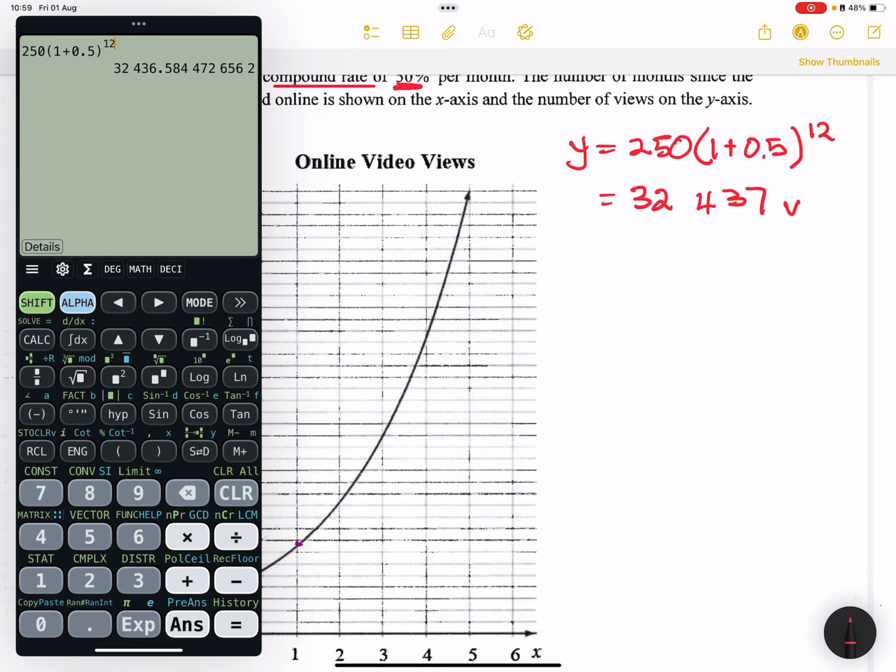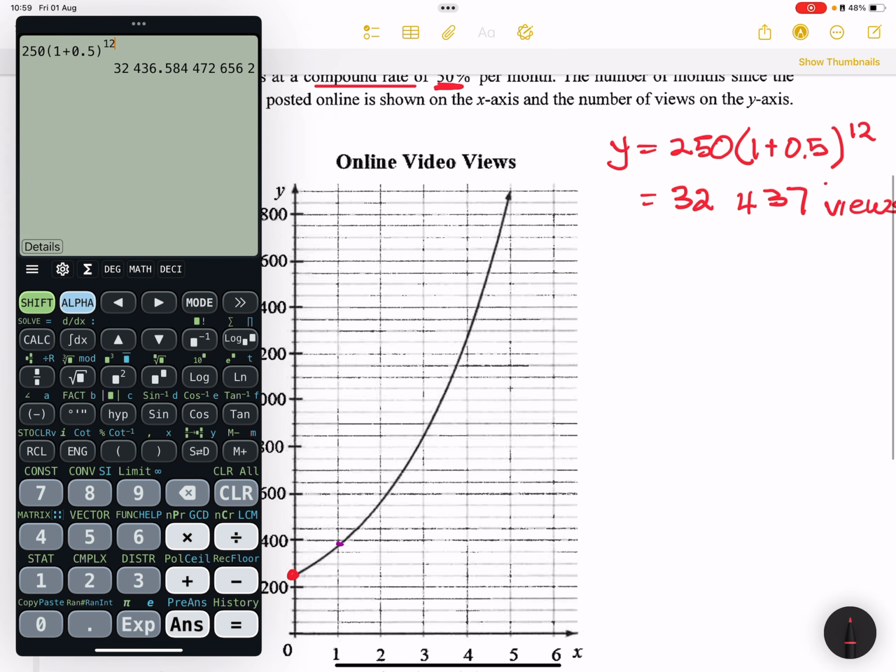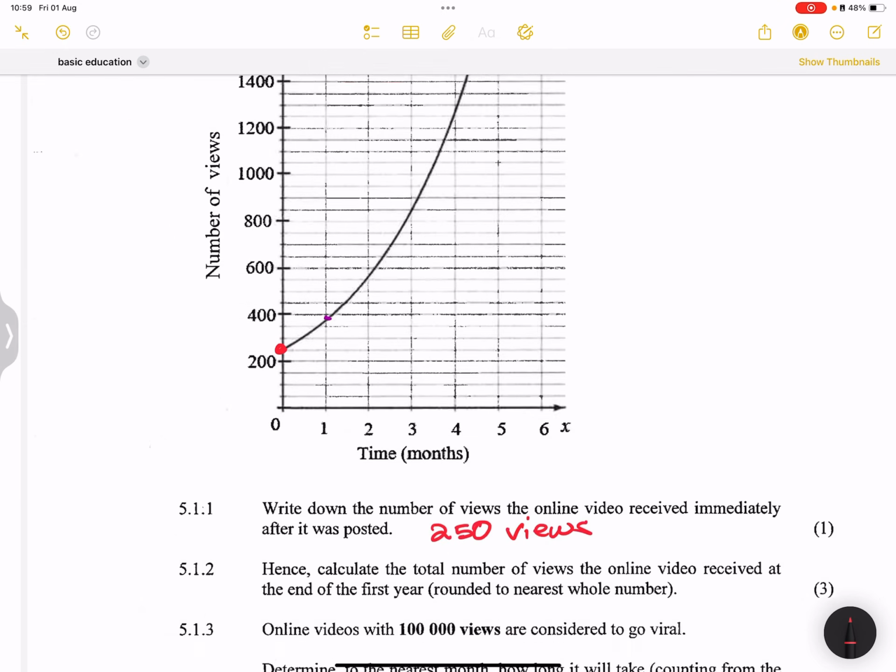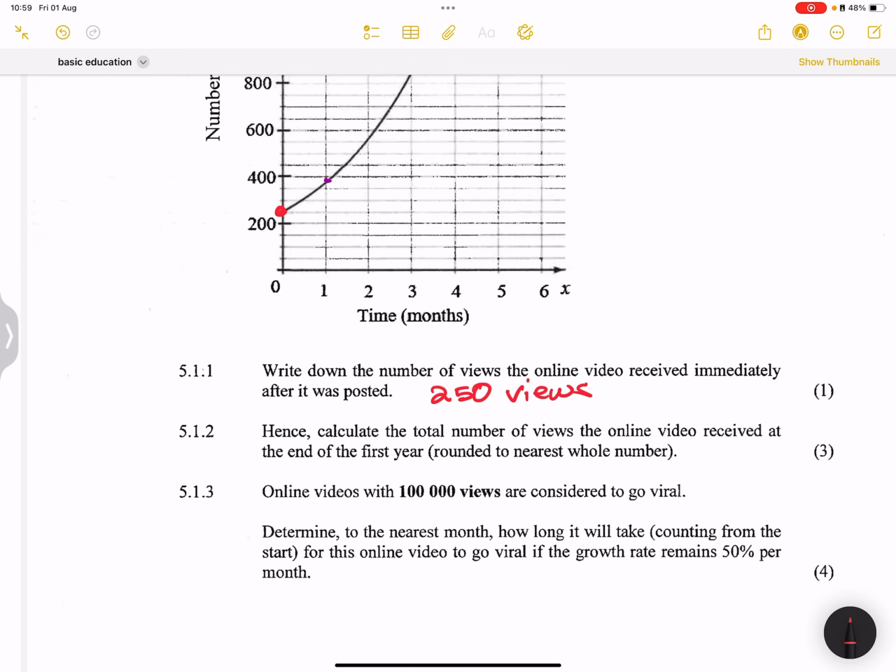All right, so that's what it will look like in terms of viewership. Okay, so they say online videos with 100,000 views are considered to go viral. Determine to the nearest month how long it will take, counting from the start, for this online video to go viral if the growth rate remains 50% per month.